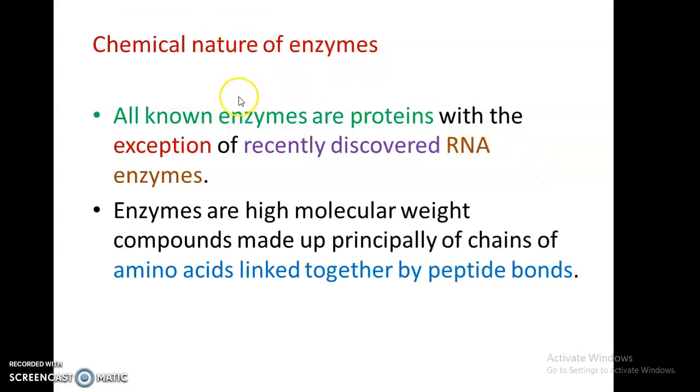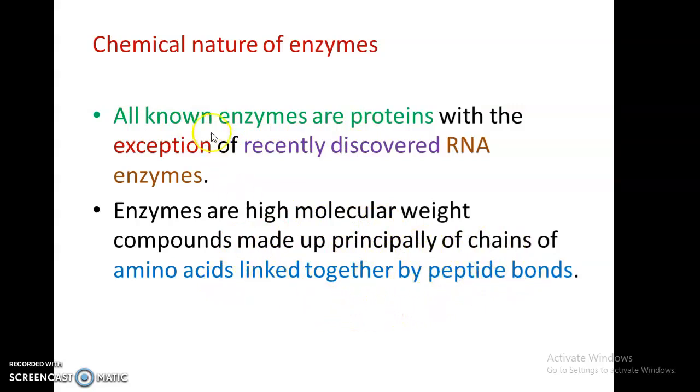Chemical nature of enzymes. All known enzymes are proteins, with the exception of recently discovered RNA enzymes. The recent discoveries show that there are RNA enzymes, but we generally know that enzymes are proteins. Enzymes are high molecular weight compounds made up principally of chains of amino acids linked together by peptide bonds.